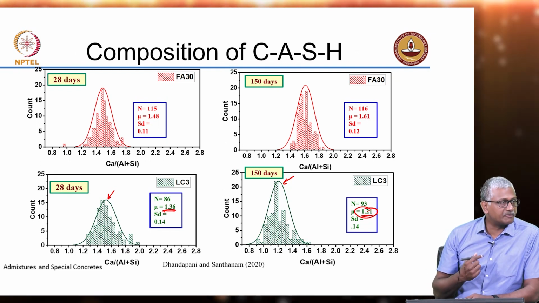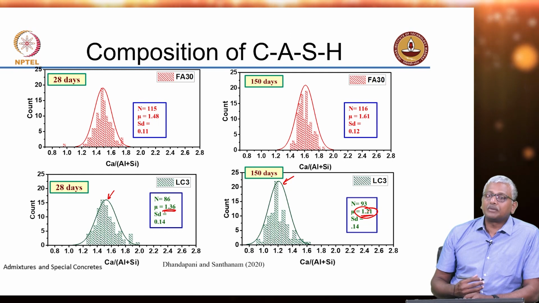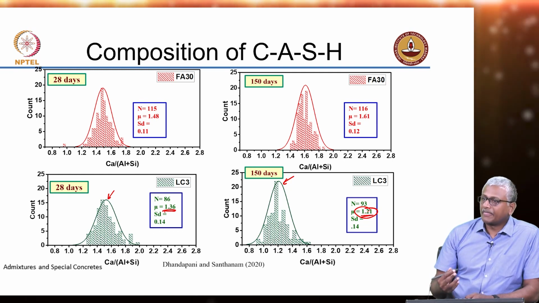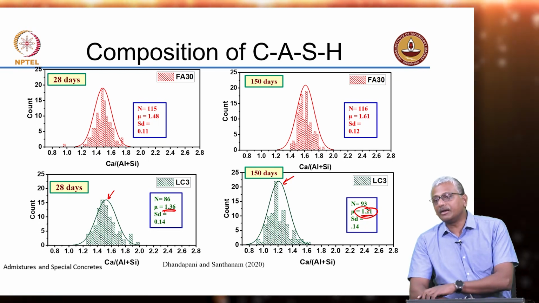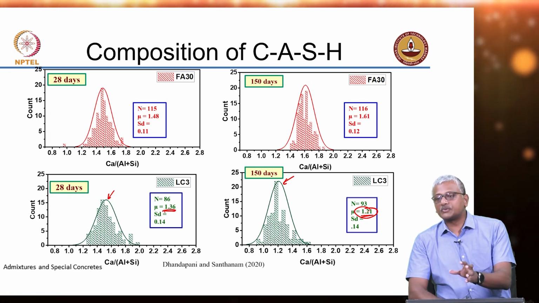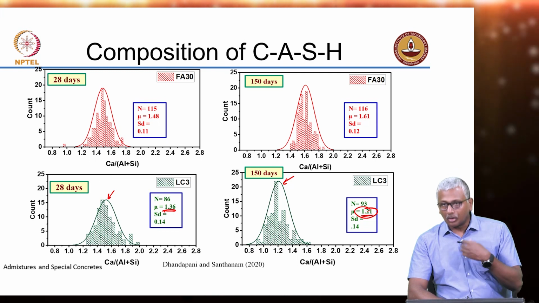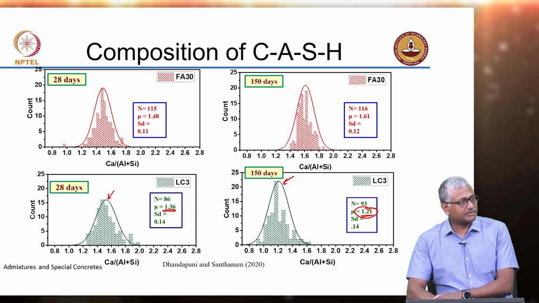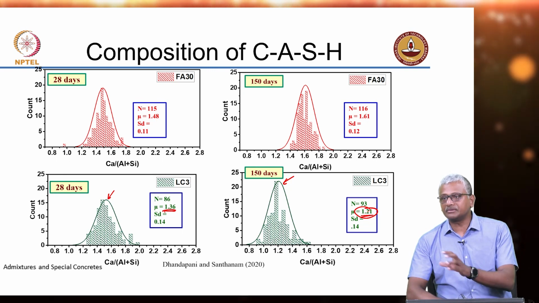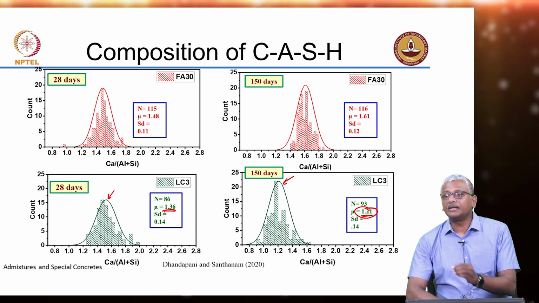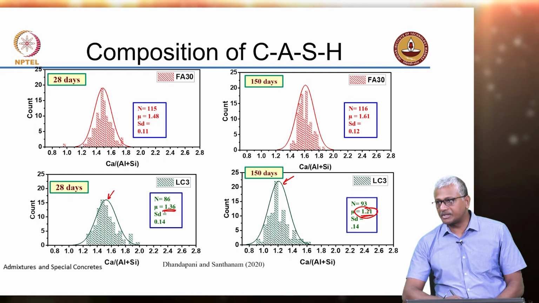That is going to create more porosity in your system and increase the rate of penetration of CO2. That is the reason why your concretes with mineral additives carbonate a lot more, because of the lowering of calcium to silicon ratio and absence of calcium hydroxide in your system.